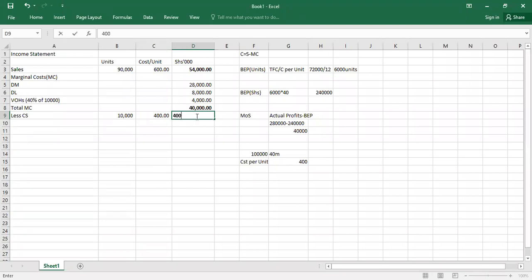How do I write 4 million? 4,000. So can we get now the gross contribution? You can see where we have the closing stock, you got to think like a manager. So our gross contribution will be 36. Our gross contribution is 36.